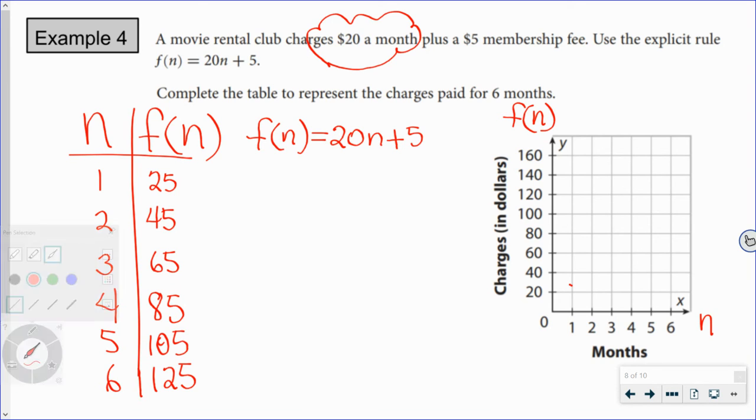I think it's a little bigger. Right about there. Okay, and then 2 and 45 is going to have to fall right about here. 3 and 65 will have to fall right about here. 4 and 85 fall about here. 5 and 105 will fall right about here. And 6 and 125 fall about here.